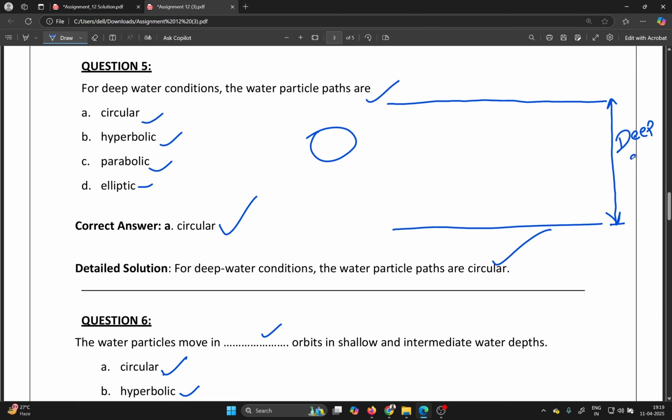So here is the deep water, that is, here is your deep depth. Here the particle moves in a circle like that.